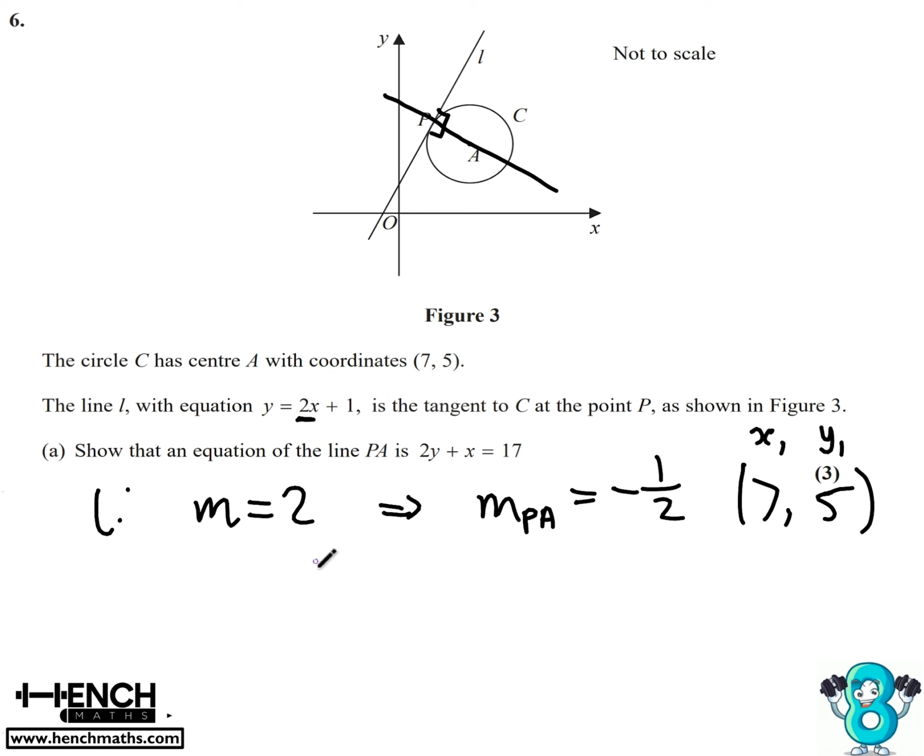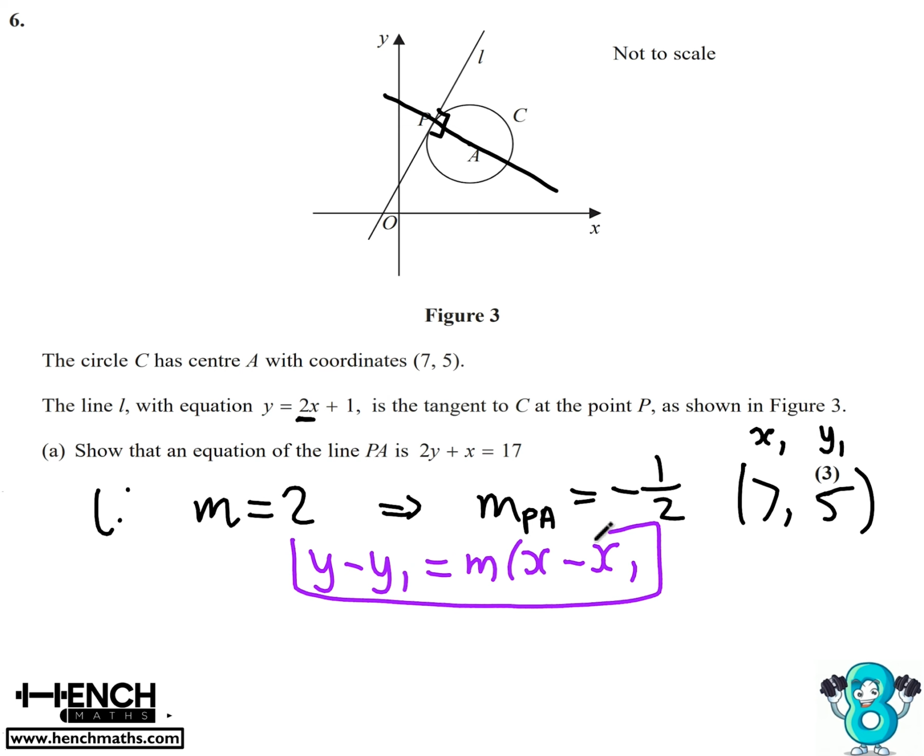So the equation to find straight lines is y subtract y1 is equal to m multiplied by x subtract x1. And so we know the gradient and we know the point that we're using. Putting all of our information into this formula, we're going to get y subtract 5 is equal to negative a half multiplied by x subtract 7. I'm going to times everything by negative 2.